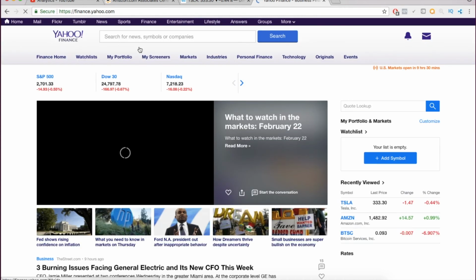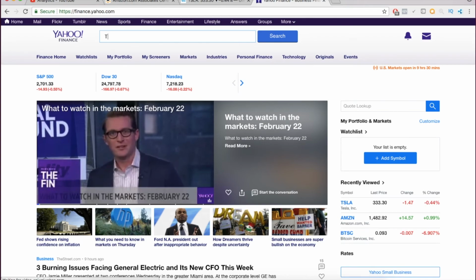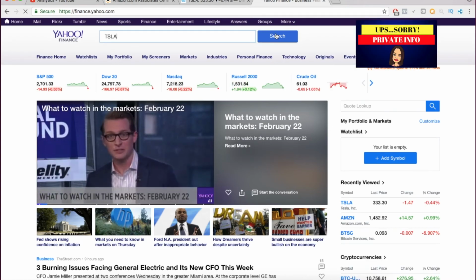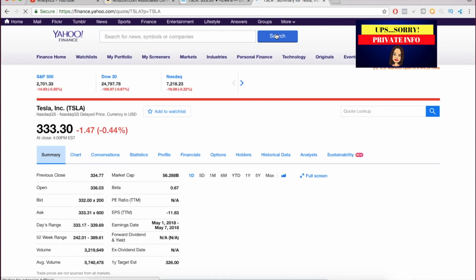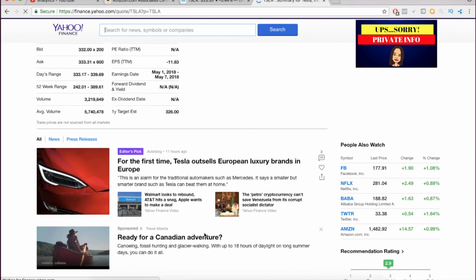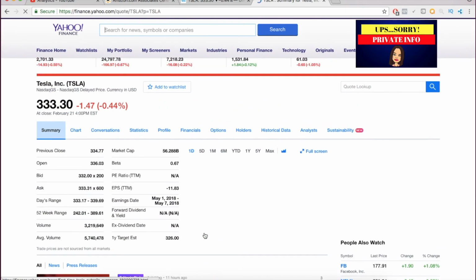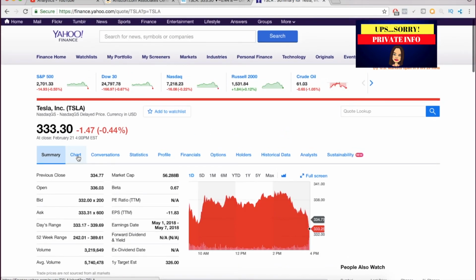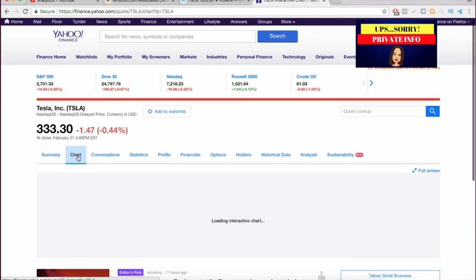So you're going to go ahead and type in finance.yahoo.com and type in the ticker for Tesla. And it's basically the same thing. You're going to get the information, the summary, the news that are related to Tesla in itself. And then you're going to come in here and go into the charts.